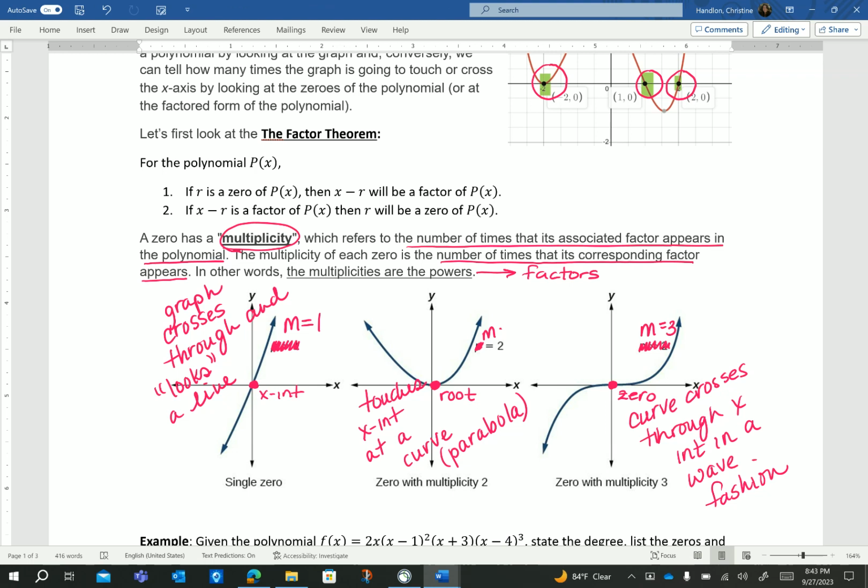So that means the factors of this x-intercept occurred only once. The factors of this second x-intercept occurred twice, and the factors here occurred 3 times.